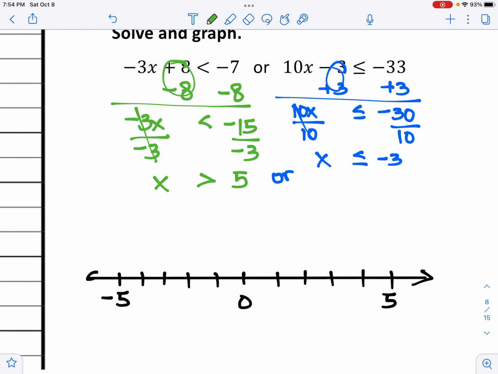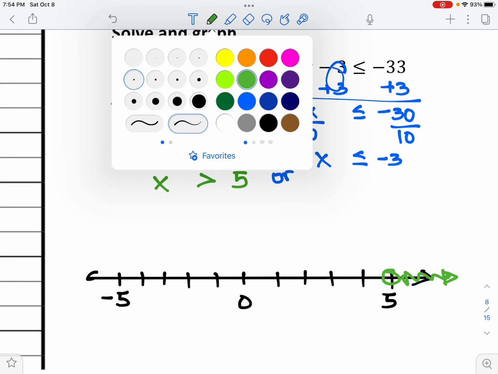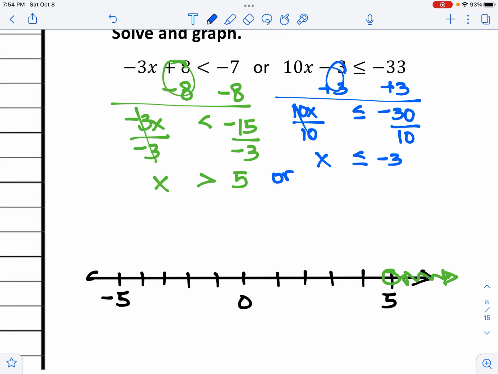We have x is greater than 5, so open circle. We'll shade it this way. And then x is less than or equal to negative 3. And so closed, and we're shading everything this way. Okay, again, it can satisfy either in the green or the blue region, and that is going to be just fine.